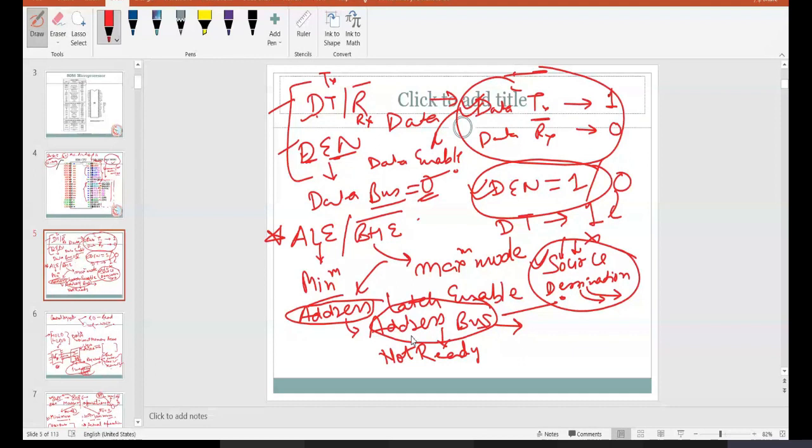Fine. So the address bus is responsible for all the addresses. एड्रेस बस वो सब एड्रेसेस को जनरेट करने के लिए रिस्पॉन्सिबल है, बट एड्रेस बस अभी तक एक्टिवेट नहीं हुआ है. Fine. So what is that most important thing which will be activating the address bus? That most important thing is your ALE, address latch enable.